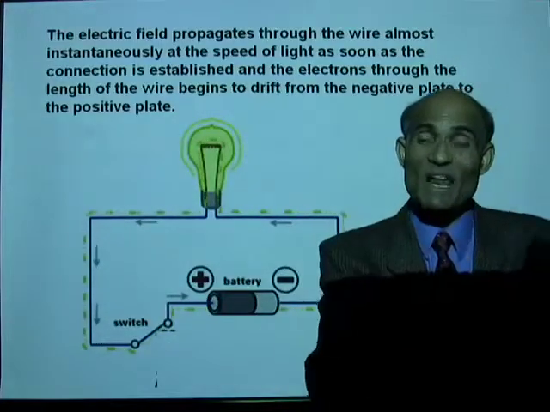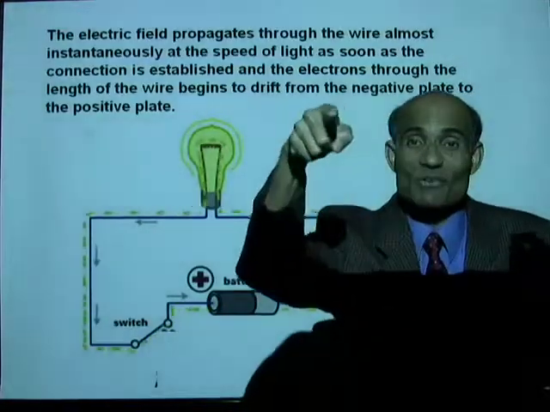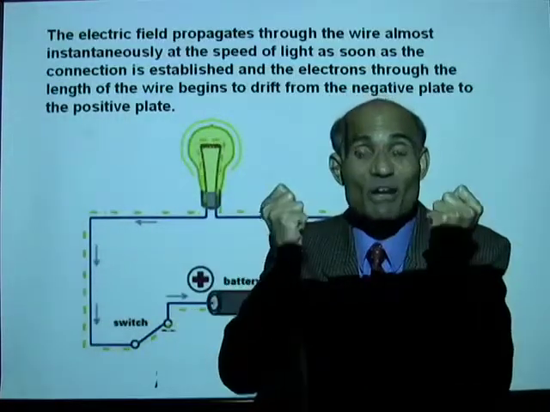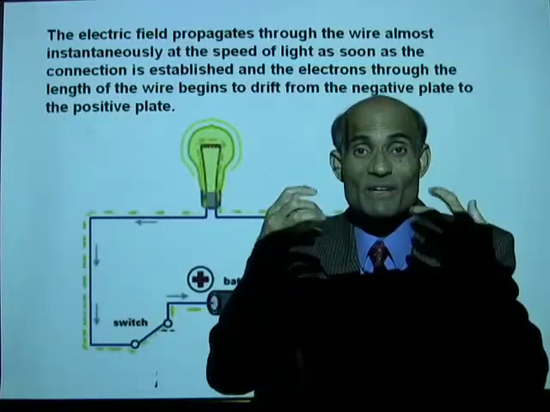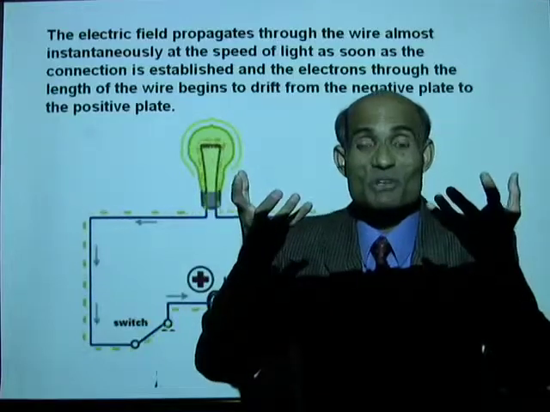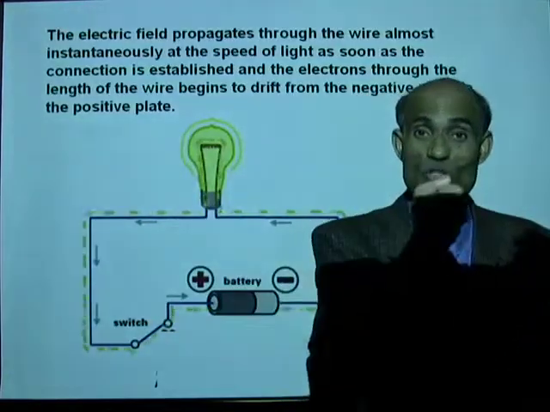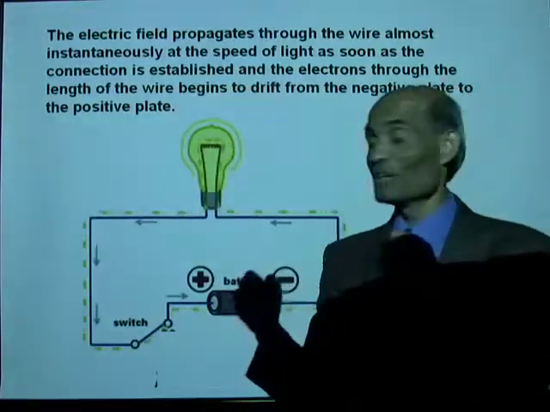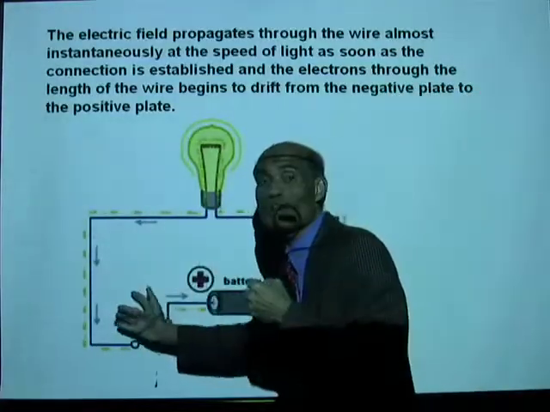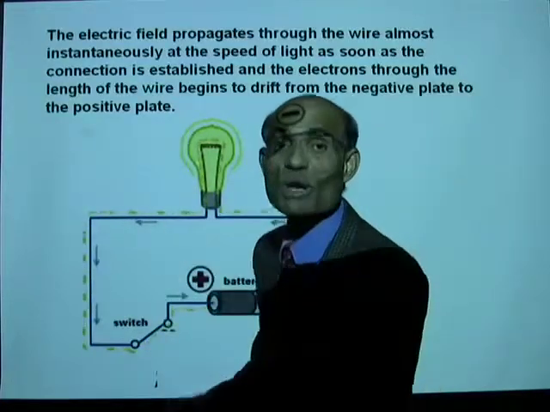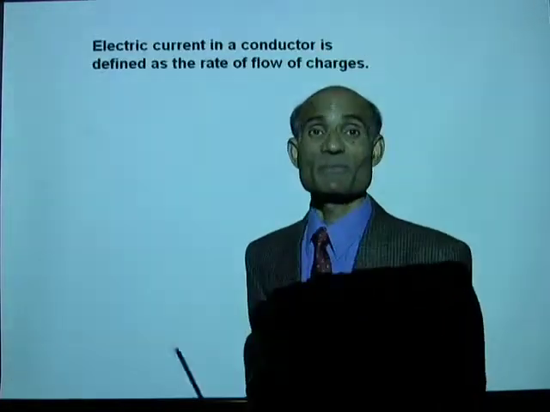Now, that is analogous to the drift of electrons. The command of the sergeant is the electric field. You see, that triggers the motion. As soon as the command is given, each soldier will begin to drift. In the same way, as soon as the electric field is established, each electron will begin to drift.